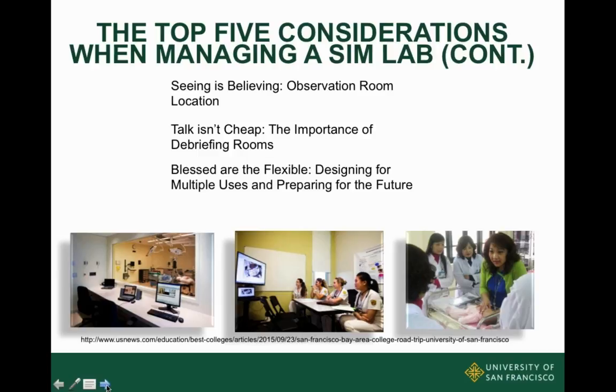The third consideration would be observation room location. What does that mean? Well, some of the most basic simulation labs integrate technology along with methodology and use of specialty mannequins. And nearly all incorporate cameras and microphones for student observation and documentation.